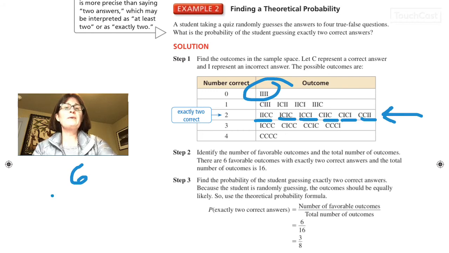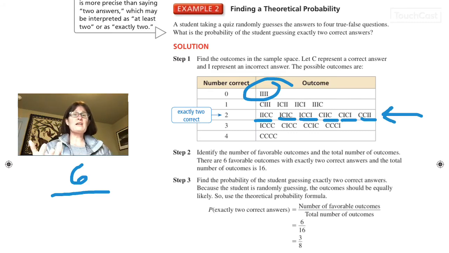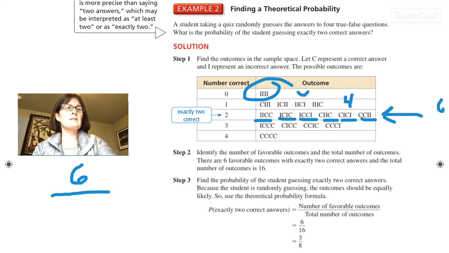And the probability of getting exactly 2 correct when you're guessing at random is that 6 divided by however many possible ways there are to answer 4 questions. So that would be taking all these answer choices that you wrote out. So 1 in the first column, plus 4 here, plus 6 here. Oh, wait a minute. Did you guys see that?